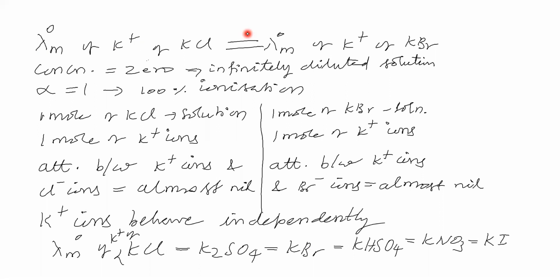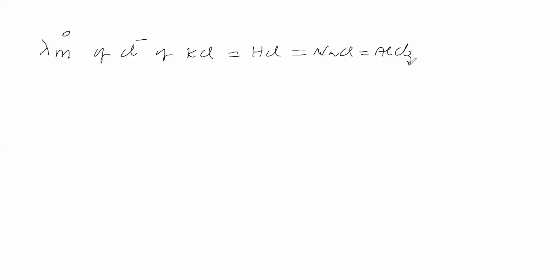So now we can take another point. Now we will take lambda m naught of Cl minus of KCl, which is equal to that of HCl, equal to that of NaCl, equal to that of AlCl3.